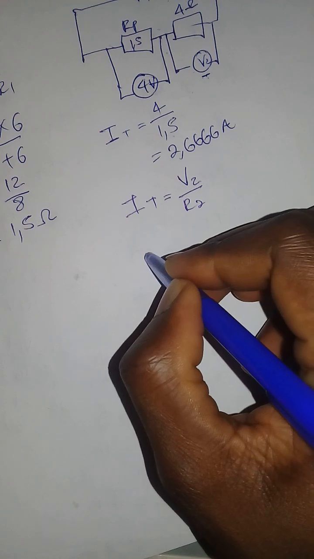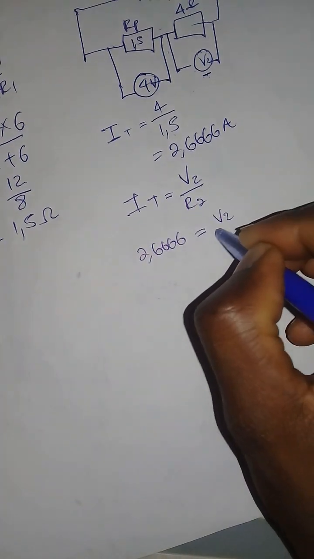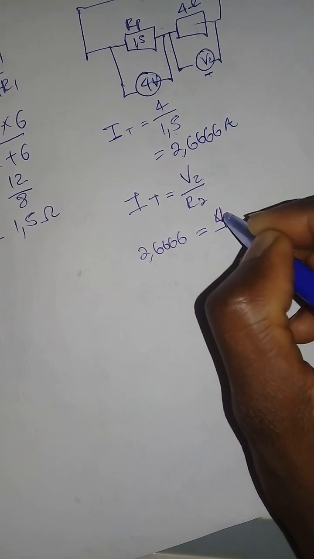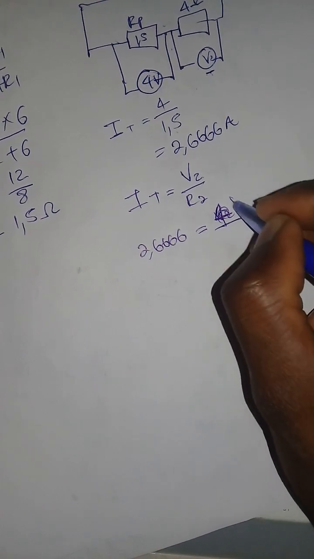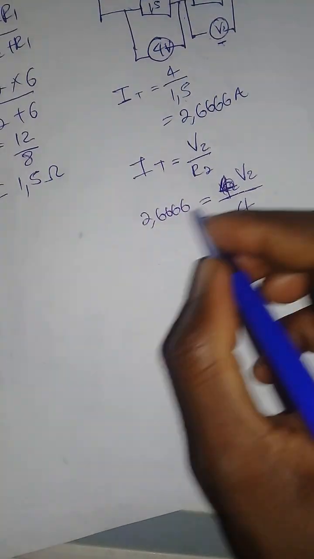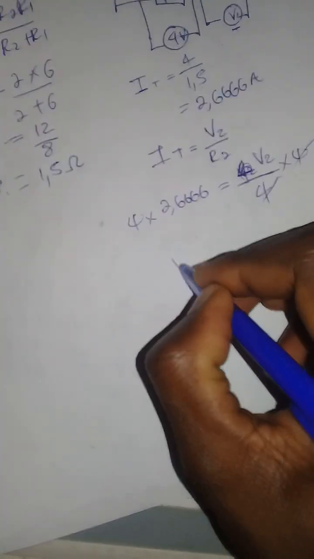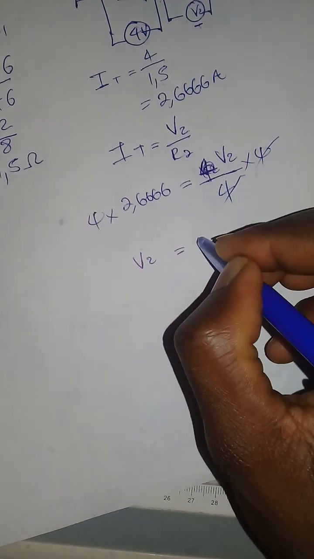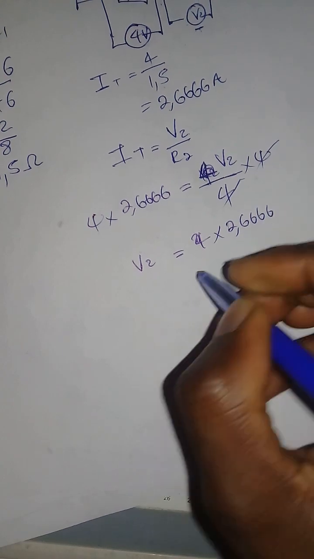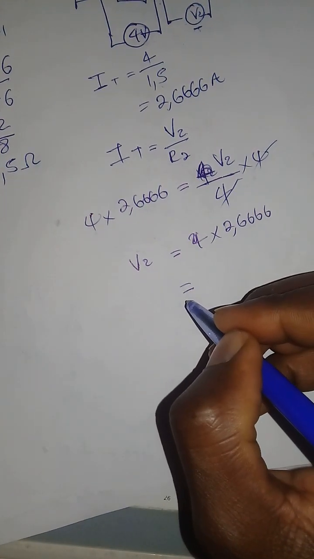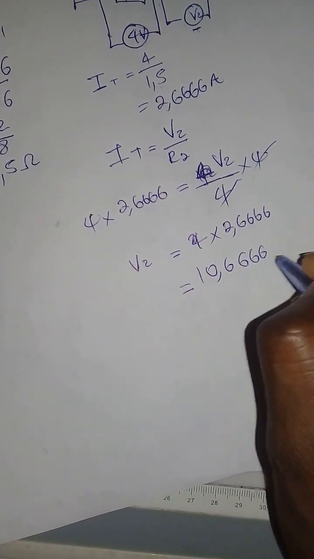So 2.6666 is equal to V2 divided by, actually, sorry, it's 4. It's V2 over 4. Multiply both sides by 4, this will cancel out. Therefore, your V2 is equal to 4 times 2.6666, which gives you 10.6666 volts.